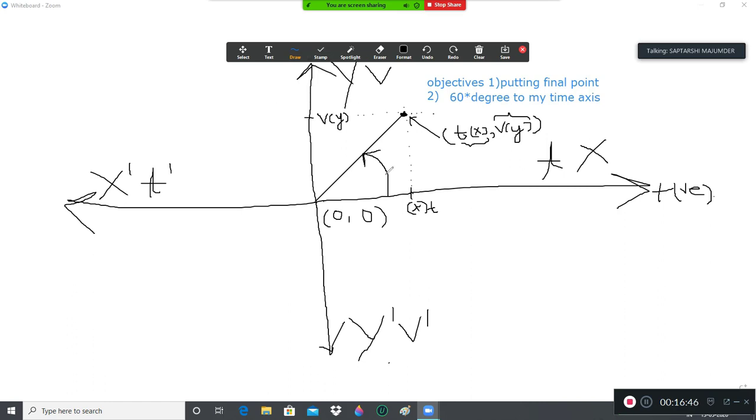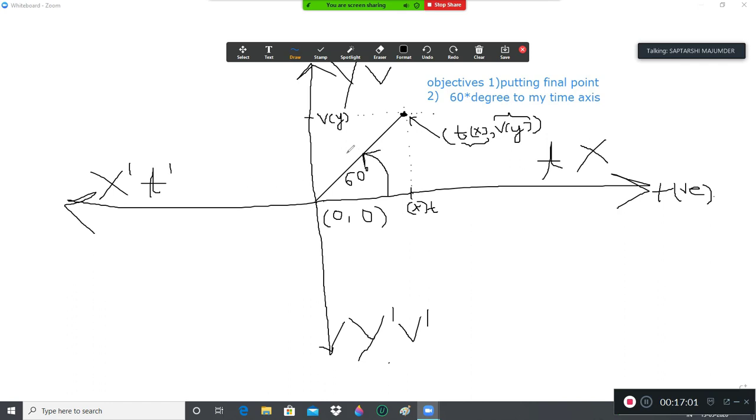So now I can say that the angle made by the second stick is nothing but 60 degrees. And we have done about 80% of our work.